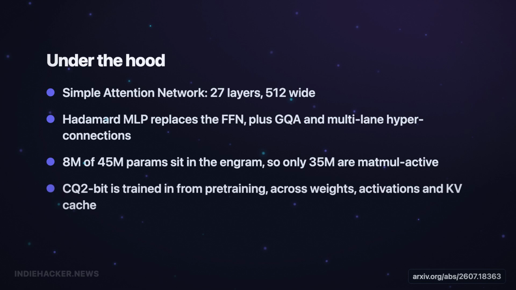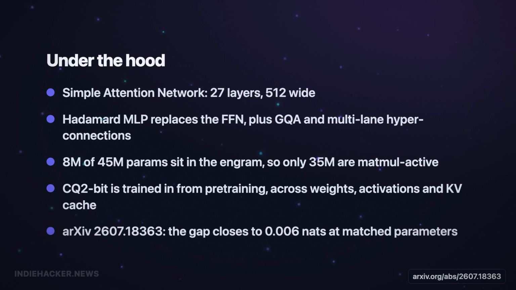The 2-bit compression is trained in rather than bolted on afterward, from pre-training through post-training across weights, activations, and the KV cache. And the paper is what makes the shape defensible. Delete the feed-forward layers on their own and you lose 0.47 nats. Spend that budget on attention depth instead, and the gap closes to 0.006 nats at matched parameters.